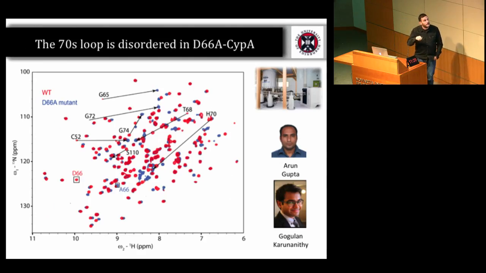And in collaboration with Arun in Edinburgh and Gox in the Baldwin lab in Oxford, we expressed the protein and took some HSQCs. And you can see that there is already here in the HSQC a lot of residues in the 70s loop that go towards this skew area, that is hinting that the 70s loop is disordered in the mutant protein.